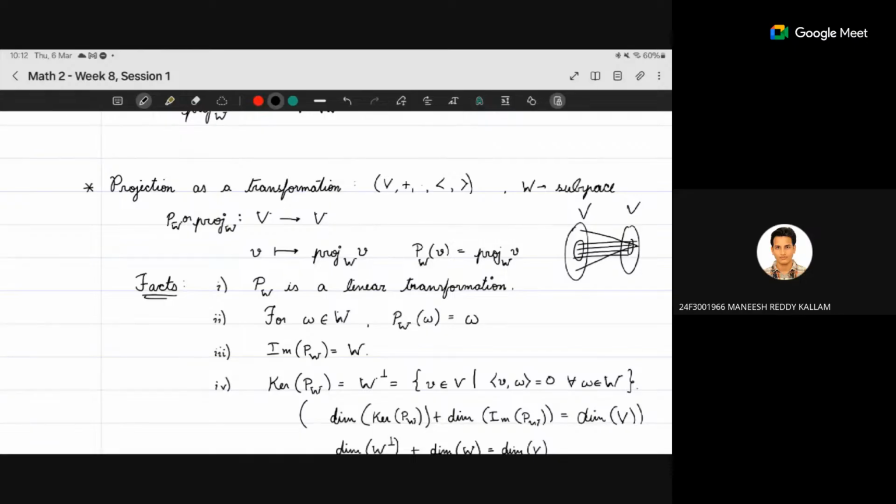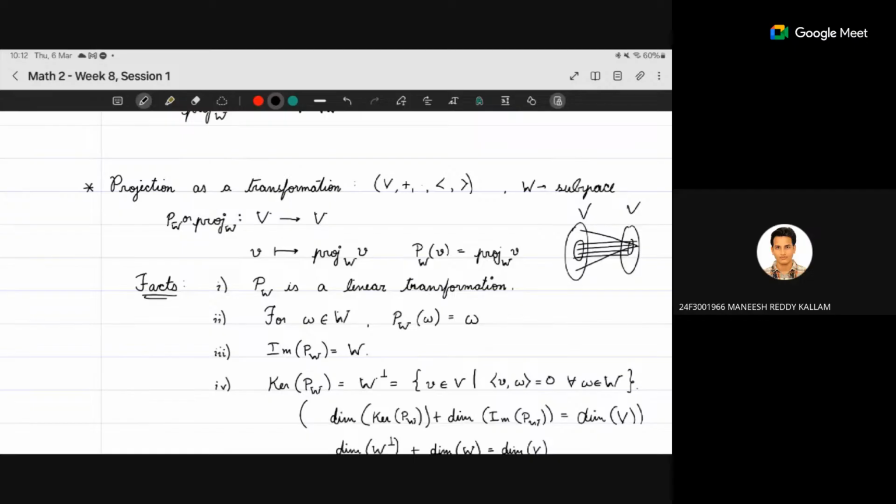The XY plane has elements which are orthogonal to each other, but a subspace also has elements which are not orthogonal to each other. And any infinite set cannot be an orthogonal set because it would imply linear independence. So for the calculation of projection, we do take an orthogonal basis of W, but W itself need not be a finite set because it's a subspace.